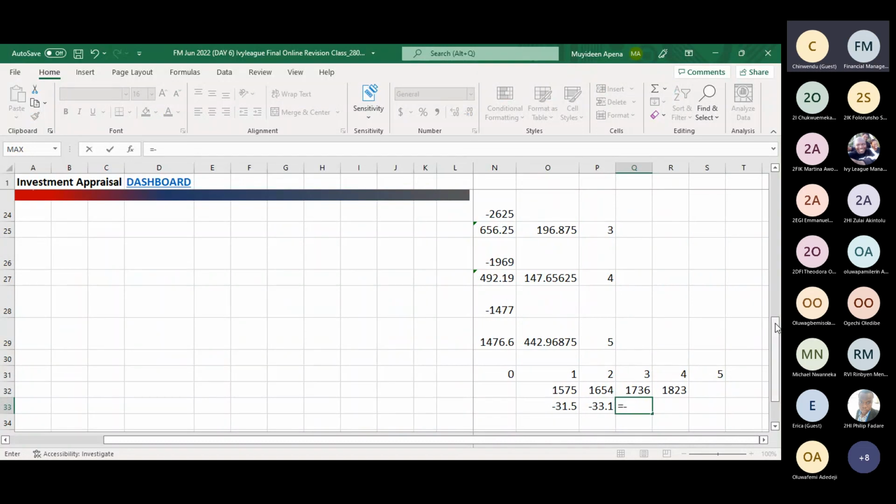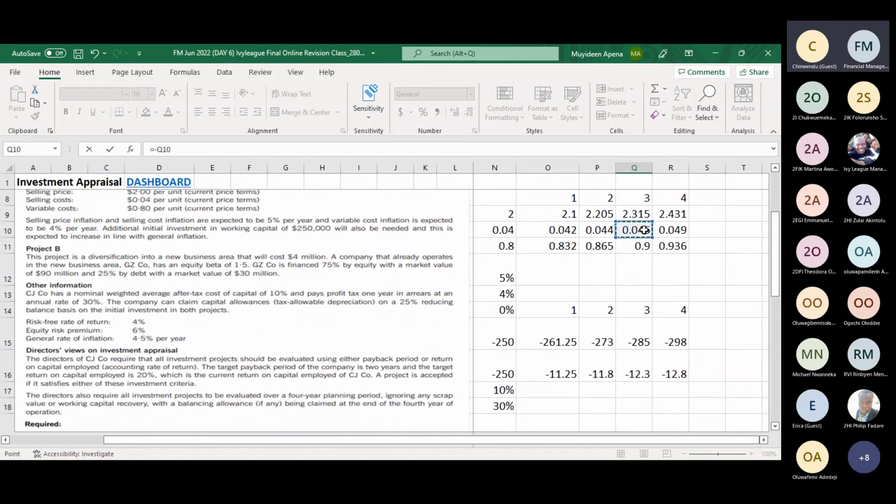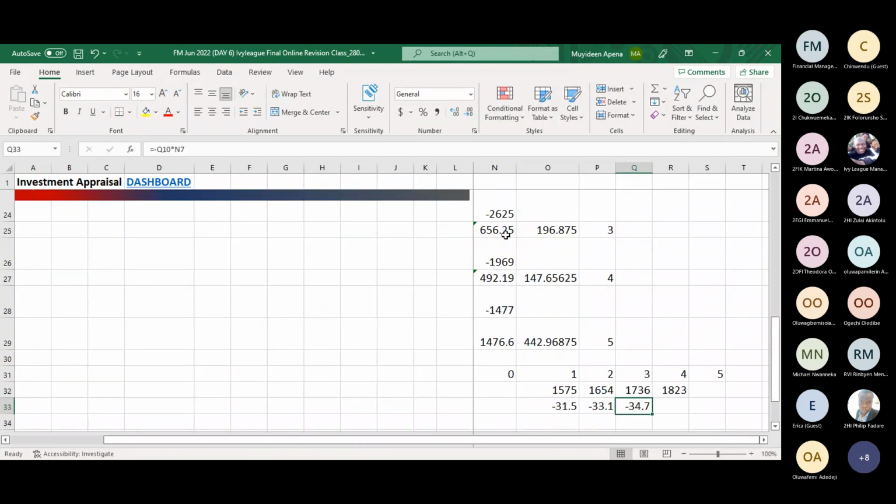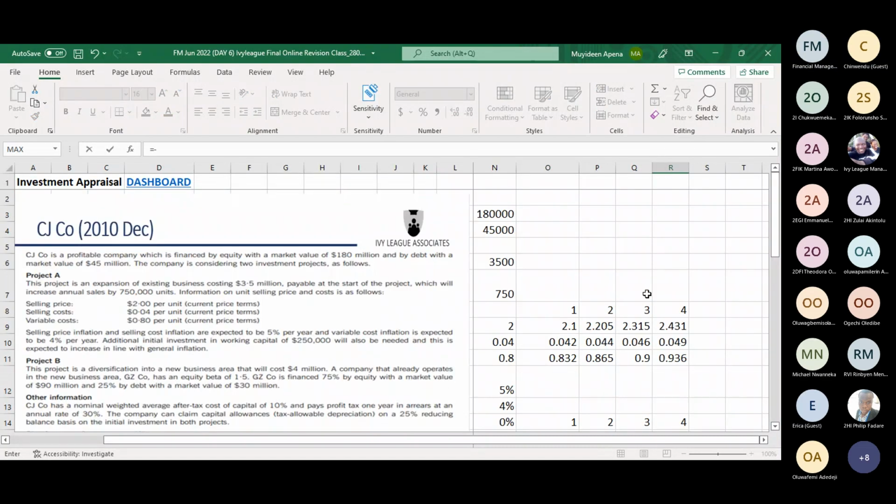Year 3, 0.046 times 750,000. And then year 4, 0.049 times 750,000.